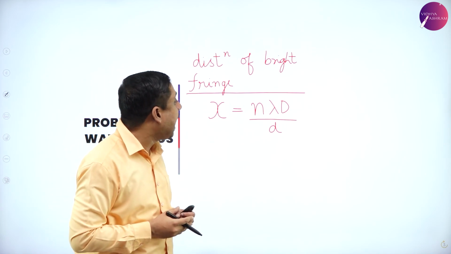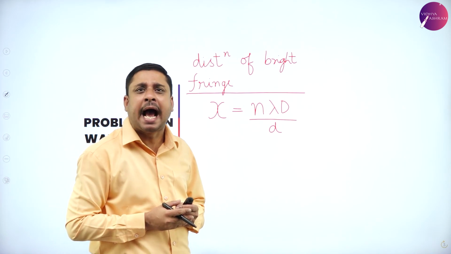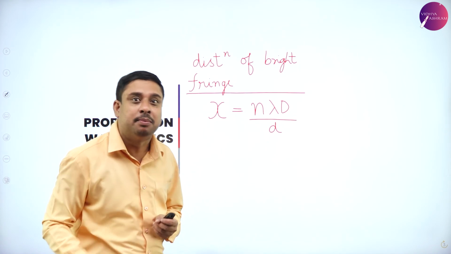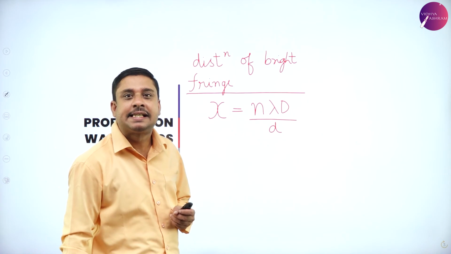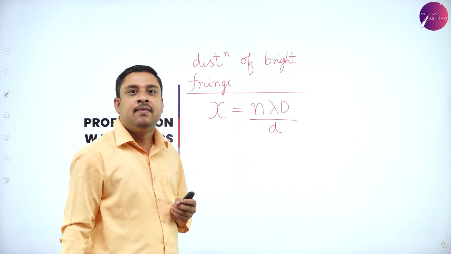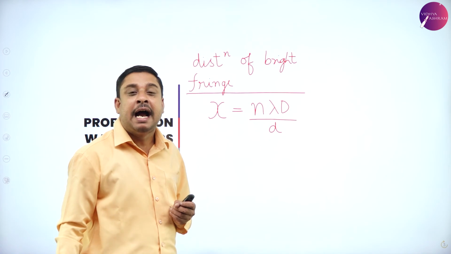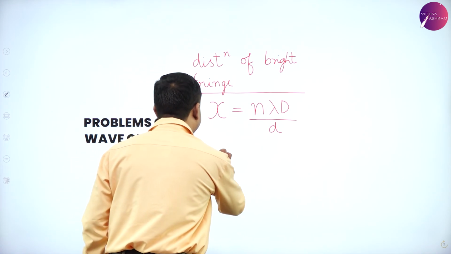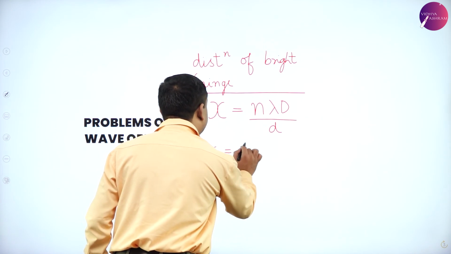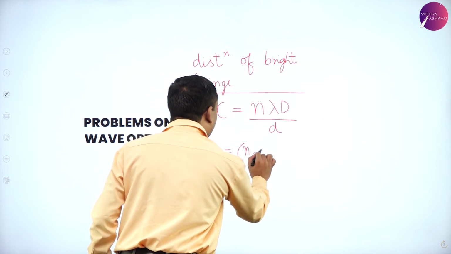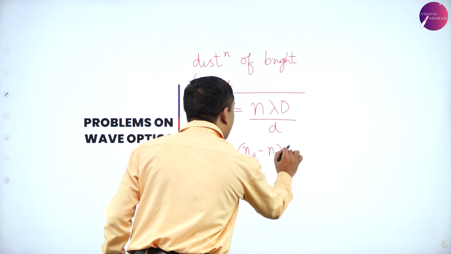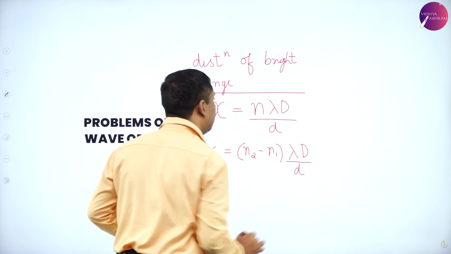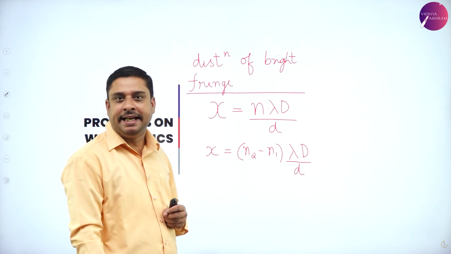But what am I calculating according to the problem? Distance between the 15th and the 25th bright fringe, which means x equals (n2 minus n1) lambda D divided by small d.